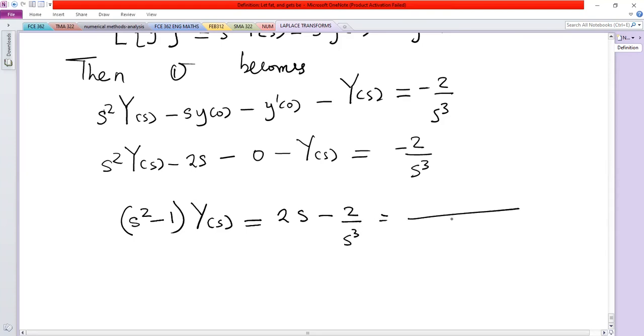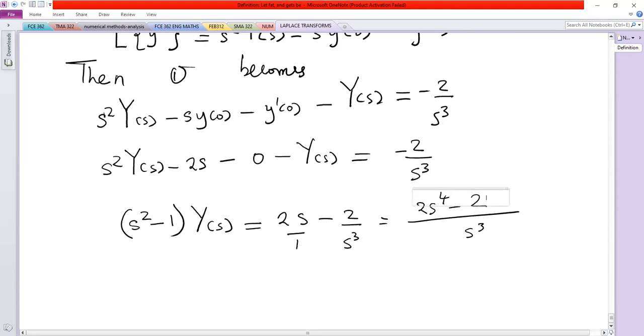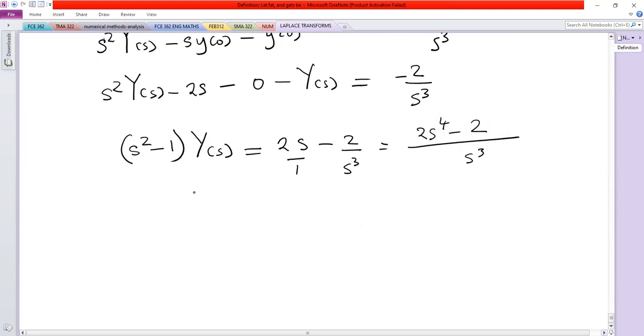We can write this as 2 s power 4 minus 2 over s power 3. So s squared minus 1 times capital Y of s is given by 2 into s power 4 minus 1, divided by s power 3.